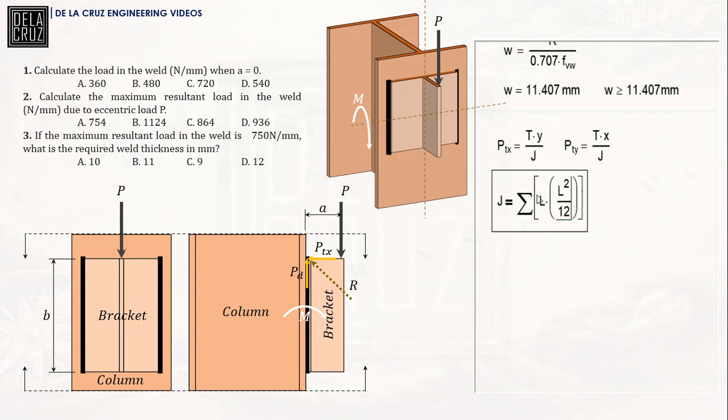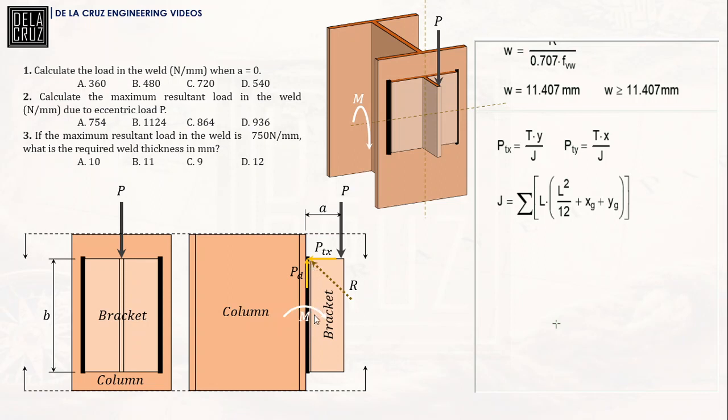Over 12 plus X sub G plus Y sub G. So, we can use this formula, itong J na to, if on every weld line is wala siya sa centroid. So, yung torsion natin, titingnan natin siya dito. Pag nakatingin tayo dito, automatically yung ating weld group is nasa centroid niya.